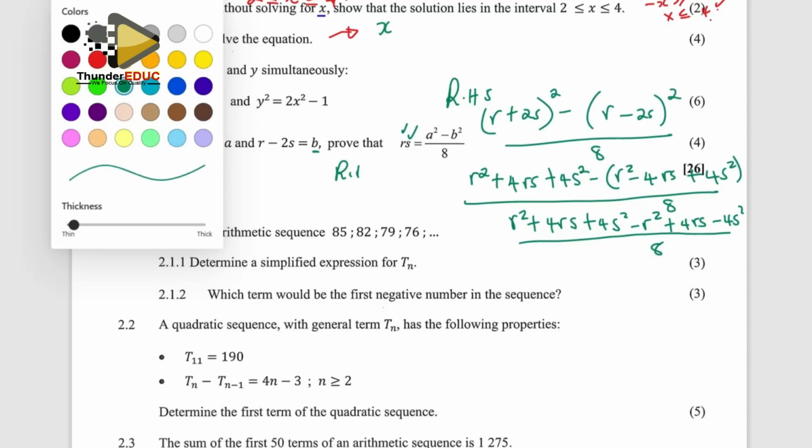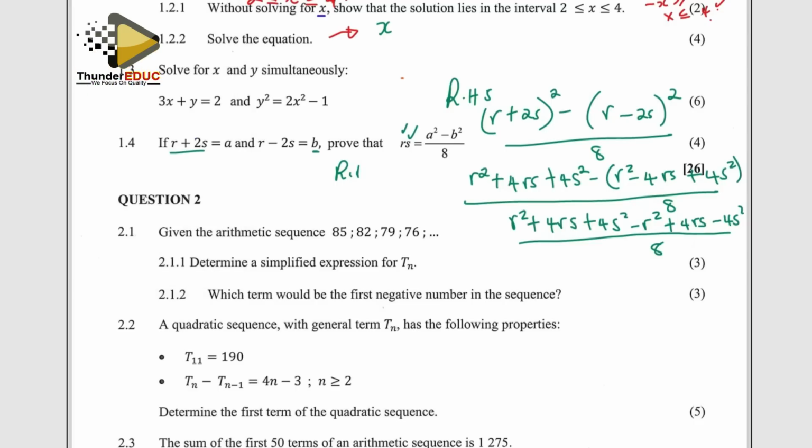Then I just need to chop. So this chops with that one, and this chops with that one, since the signs are opposite. So I have just 4rs and 4rs, which becomes 8rs over 8, and then I have rs. Perfect. So my right hand side delivered the left hand side. That's how that proof was meant to be.